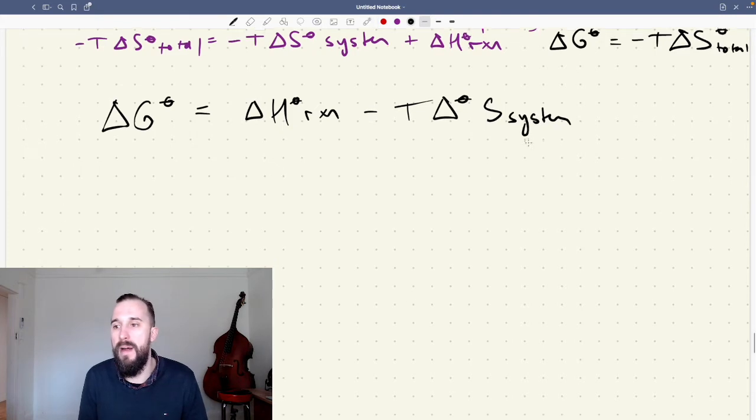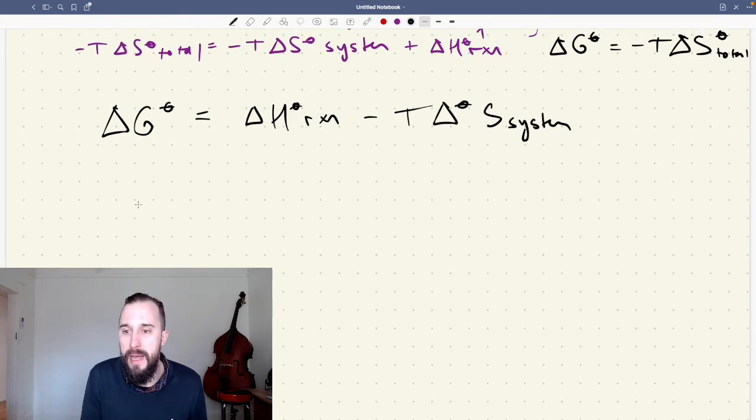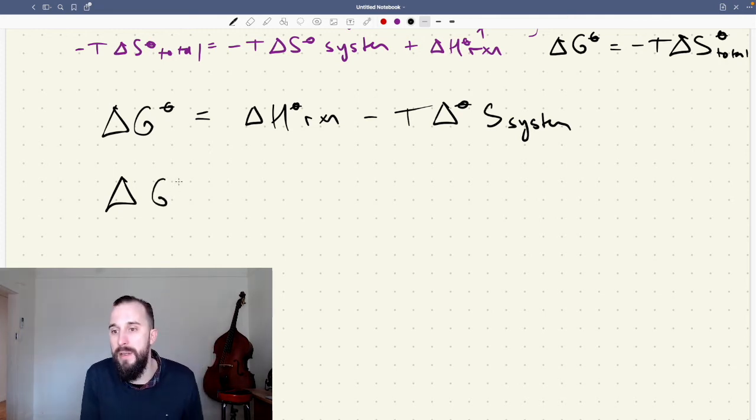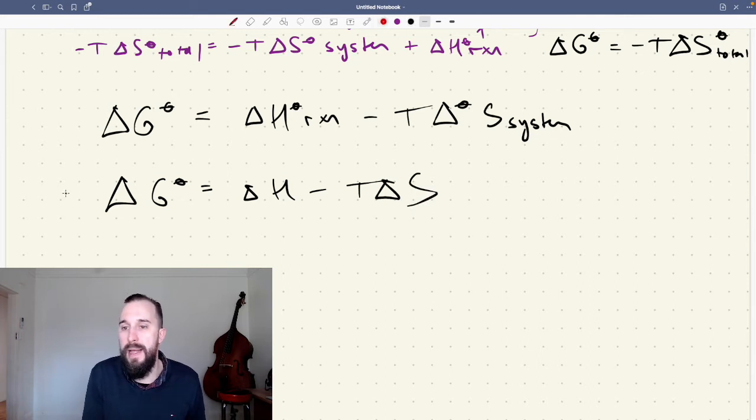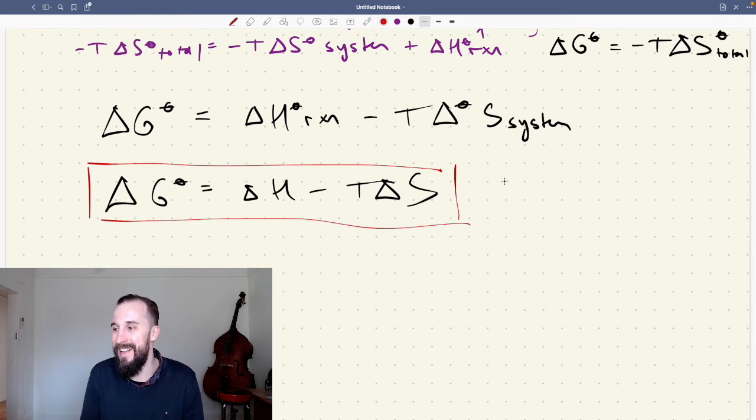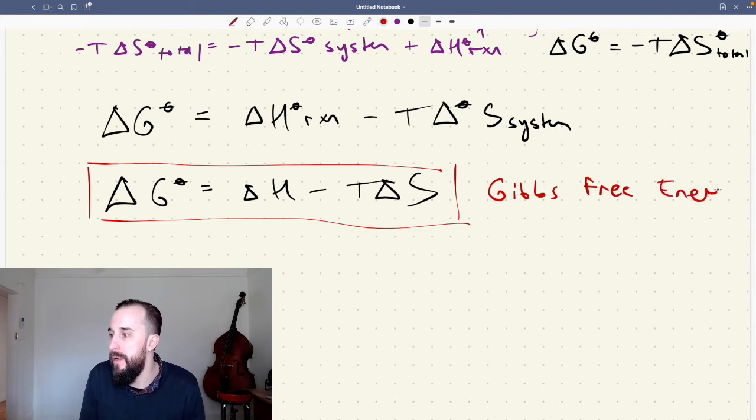So let's simplify that a little bit more to end up with delta G is equal to delta H minus T delta S. And this here is the equation for Gibbs free energy. I'm trying to do a little box around it, I'm not succeeding. There we go. So this is the equation for what's called Gibbs free energy.